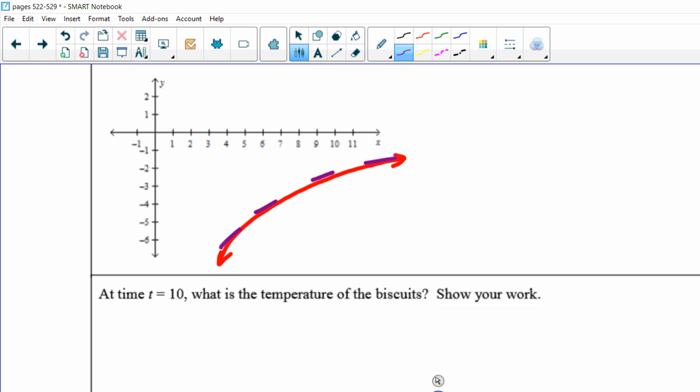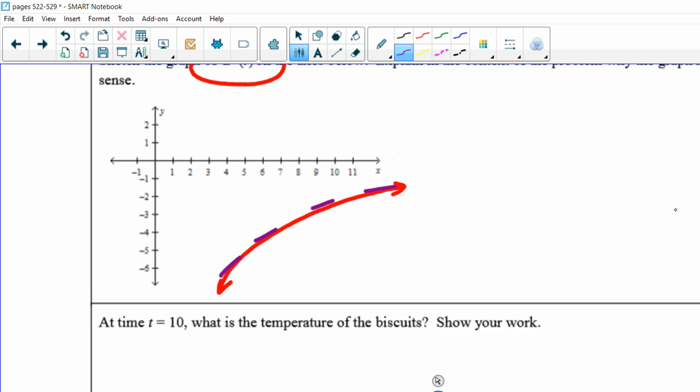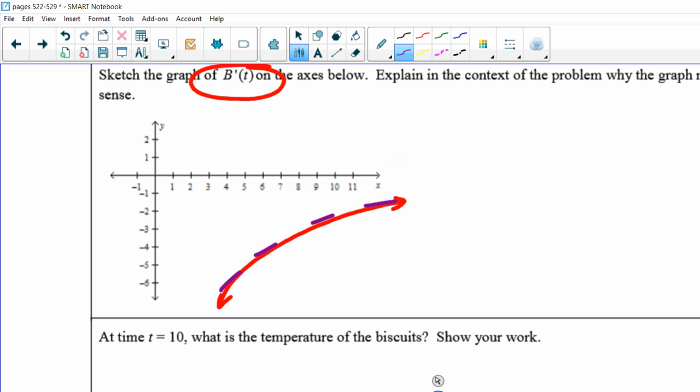Now, the question comes, where is this going to level off? At what temperature do you think? Room temperature, right. So yes, it would level off at room temperature. I would say the graph is in quadrant 4 because time is always positive and the rate is always negative.